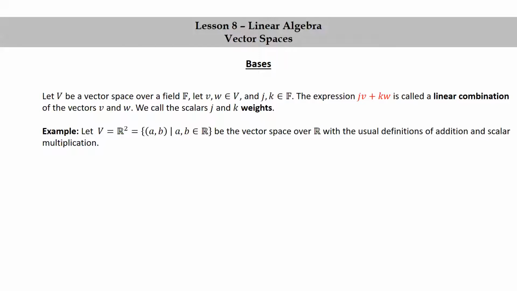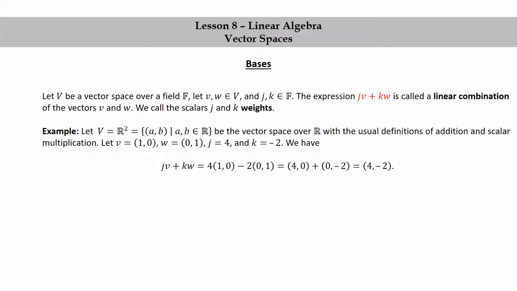Let's look at an example. Let V be the vector space R2. In other words, V consists of the set of ordered pairs (a, b) such that a and b are real numbers. This is the vector space over R with the usual definitions of addition and scalar multiplication. Let v be the vector (1, 0), w the vector (0, 1), j equal 4, and k equal -2.